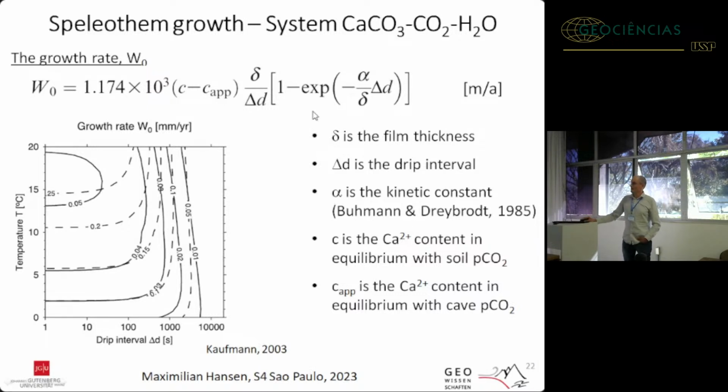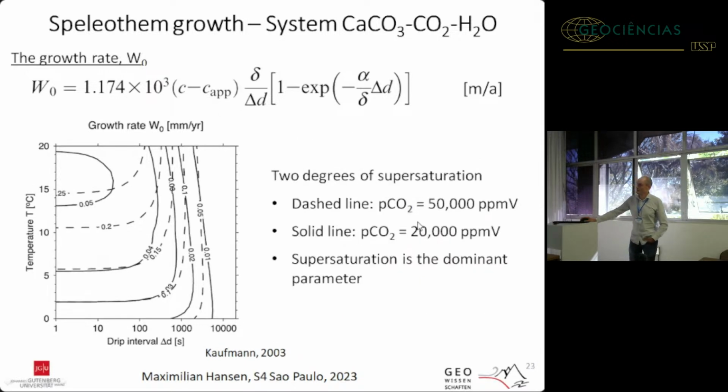And then you have C and C apparent, which is in this case again the calcium content in equilibrium with the soil PCO2 and the calcium content in equilibrium with the cave PCO2. So, if you run this model for 2 degrees of supersaturation, the dashed line would be an initial solution in equilibrium with a very high PCO2 of 50,000 ppm, and the solid line is a PCO2 which is much lower, of 20,000 ppm, and then you get this kind of plot.